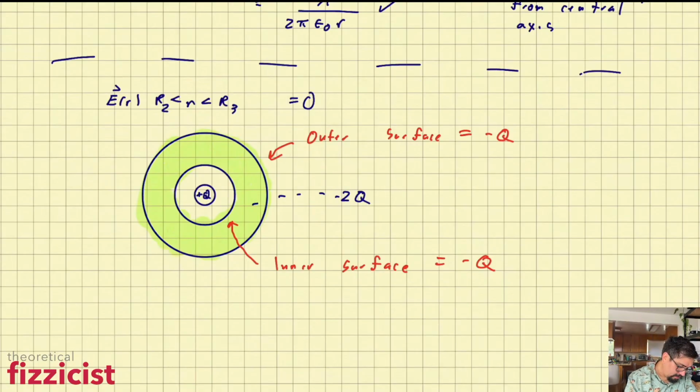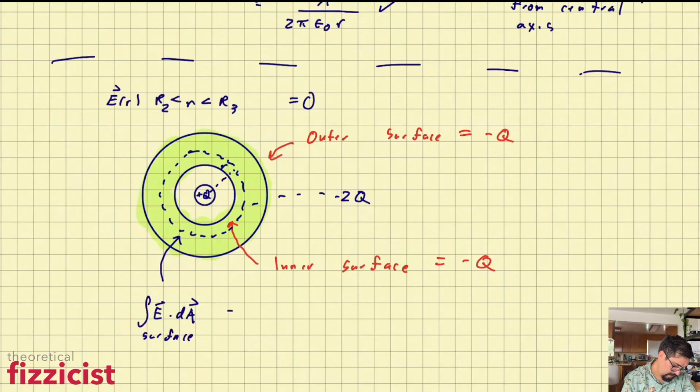Well, if I create my little Gaussian surface right here, of radius r, this little Gaussian soda can, I know that the integral of E dot dA on this surface is immediately equal to 0.